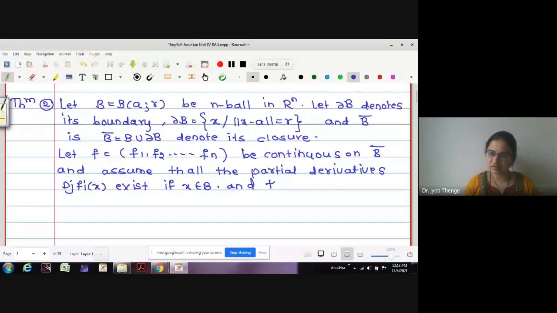that the Jacobian is non-zero, because we are studying the property for non-zero Jacobian determinant.